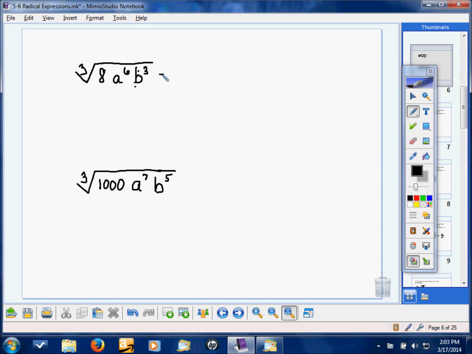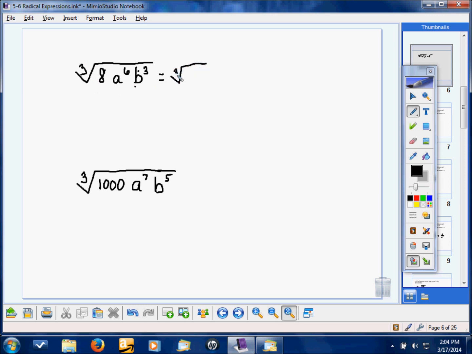If you recall, this can actually be broken down into 3 different parts. Because as long as the root appears like this, and you don't have any negatives underneath, actually a cube root you could have a negative, but we can break this down into 3 pieces if we want to.